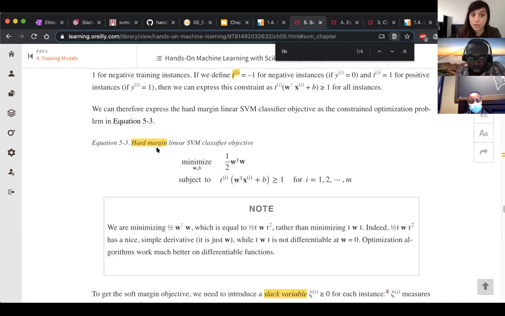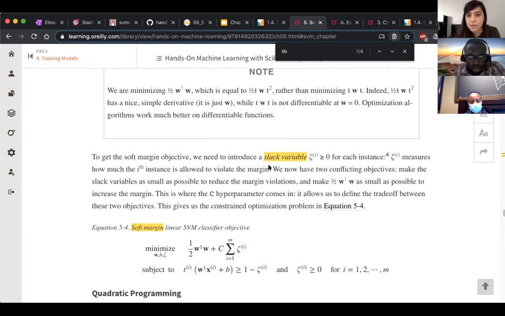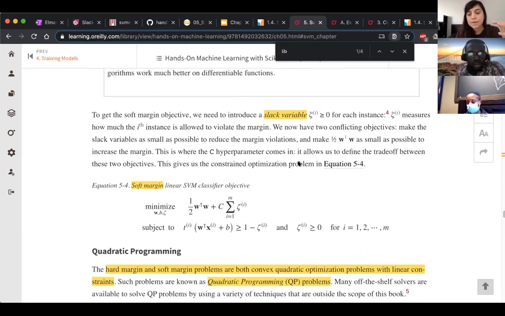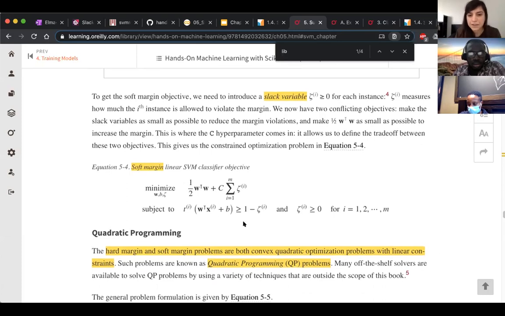Then we can also use soft margins. How can we do that? He's introducing a slack variable. The slack variable is similar to the C hyperparameter that we talked about, but we are introducing it as how many violators we are allowing in our model.